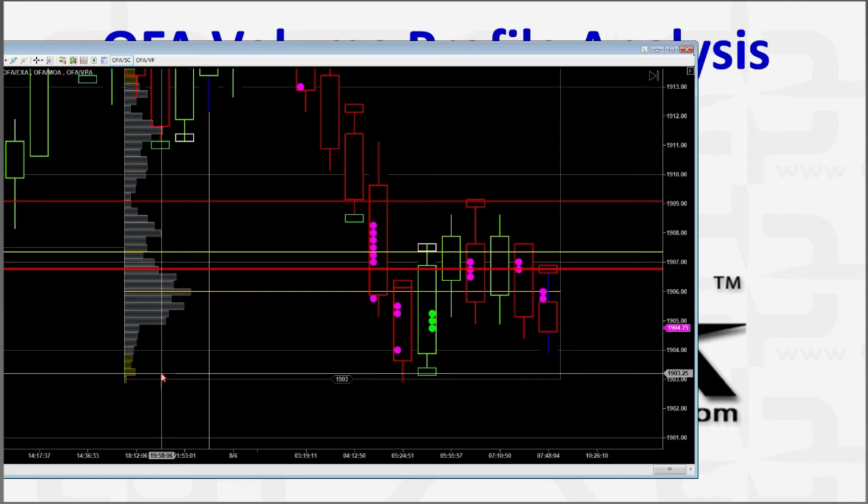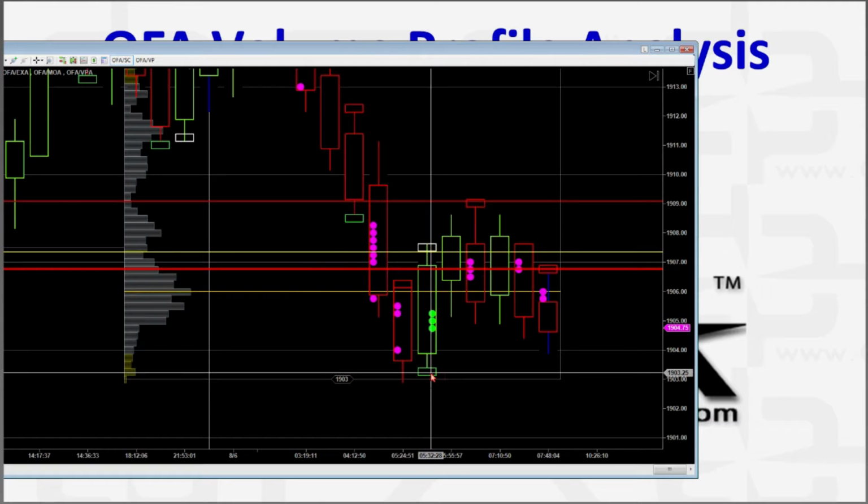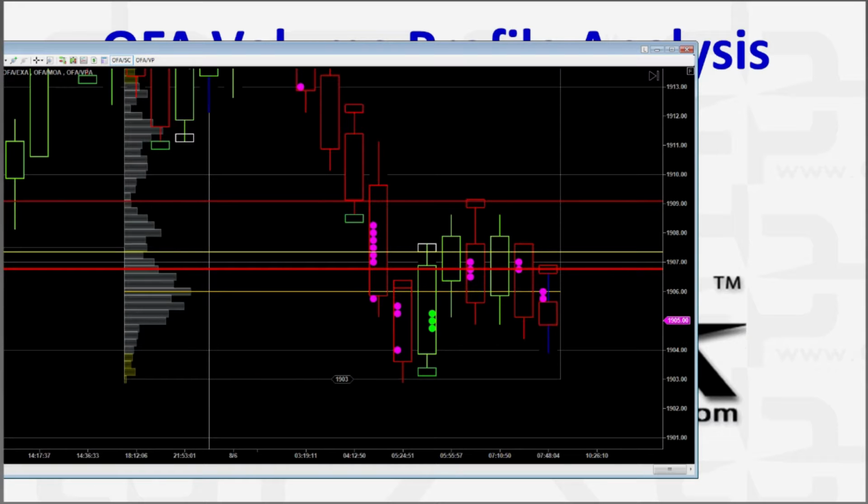It doesn't need to be, but with this little volume pop right here, and then price moving back up because it hasn't been revisited since that volume pop, what the volume profile is confirming is likely, let me just go back to the print and confirm it as well.